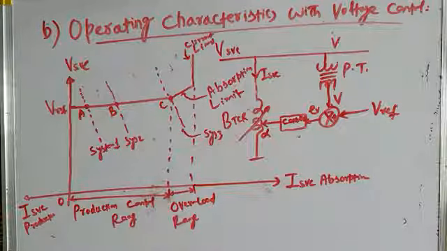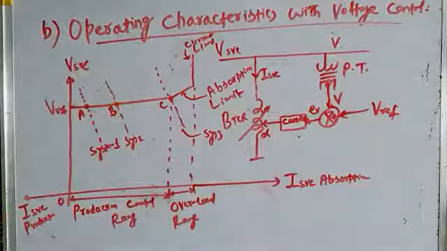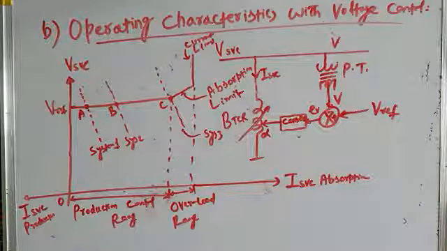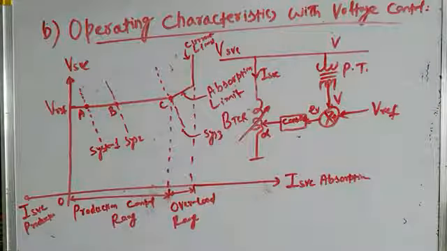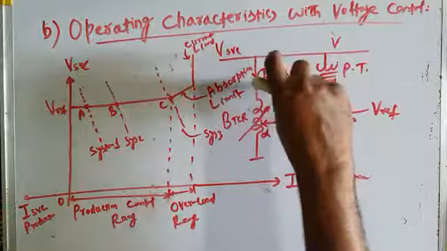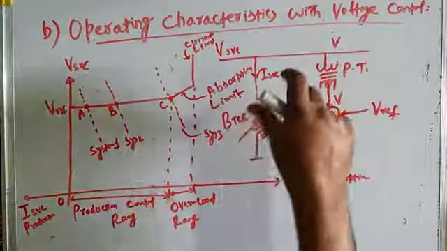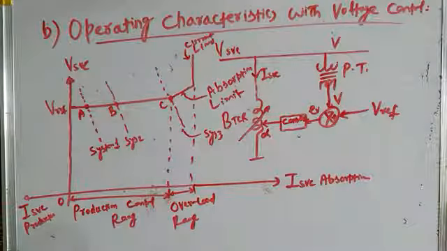And we already know that with lagging power factor currents, there is voltage drop across the transmission line reactance and the bus voltage decreases. But with leading power factor currents, the voltage drop is negative. That means instead of voltage drop, there is voltage rise, and the transmission bus voltage increases. It becomes more than rated voltage.